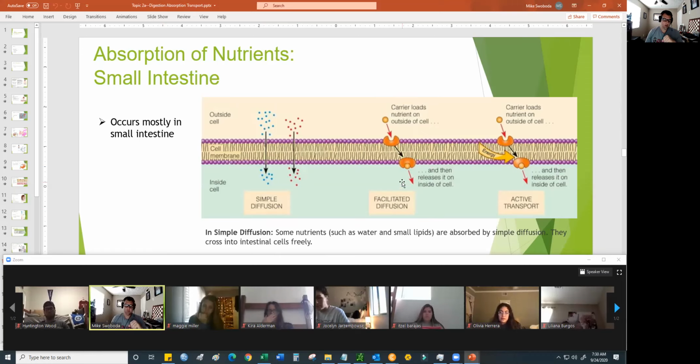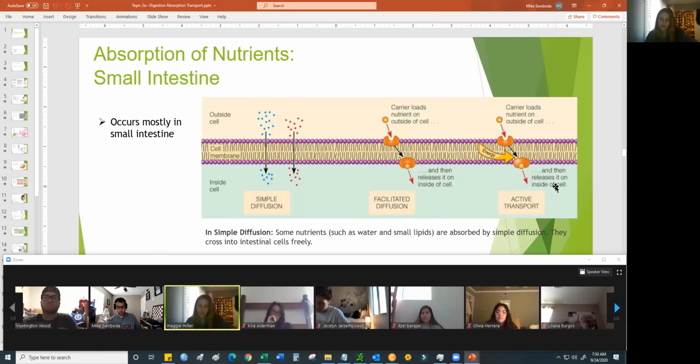Facilitated diffusion would say that I have the cap on the pop, okay? And I need to take that cap off to get the pop out of the bottle. If I had active transport, then this cap is sealed. So I have not yet opened this for the very first time. Whenever you open a bottle for the first time, what do you have to do? Break the seal on the lid. I need to break that seal.